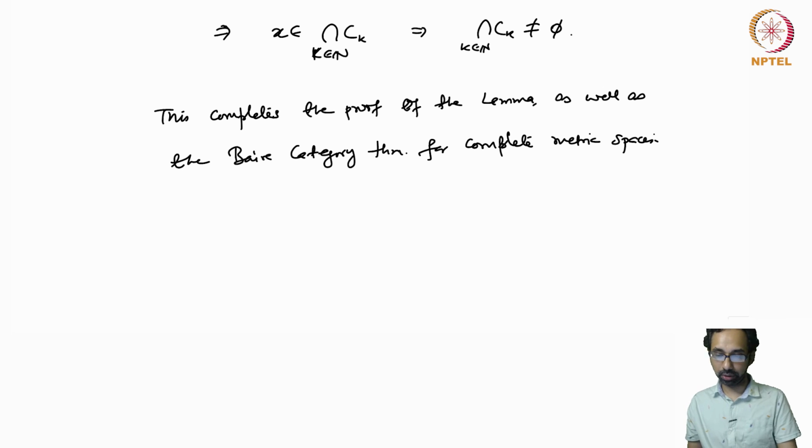And so this completes the proof of the Baire category theorem, which stated that both compact Hausdorff spaces and complete metric spaces are Baire spaces. And now we will, in the next lecture, take a look at an application of the Baire category theorem.